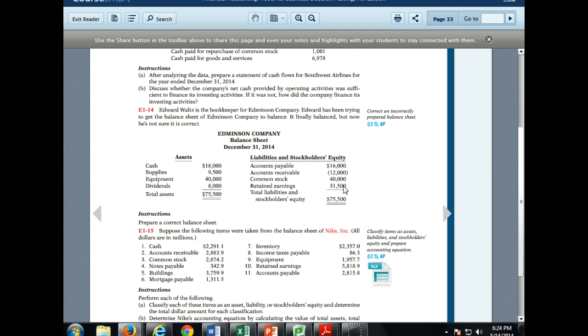But really, the retained earnings should be the 31.5 minus our dividends of 8,000, right?